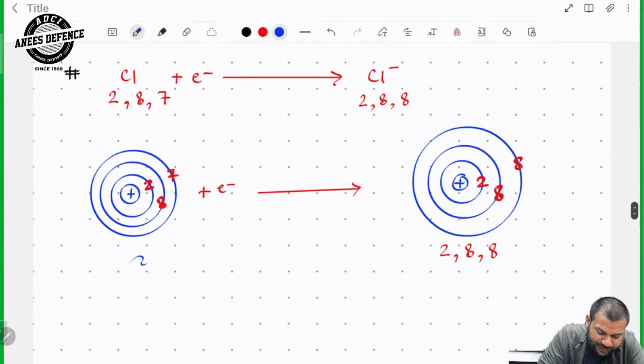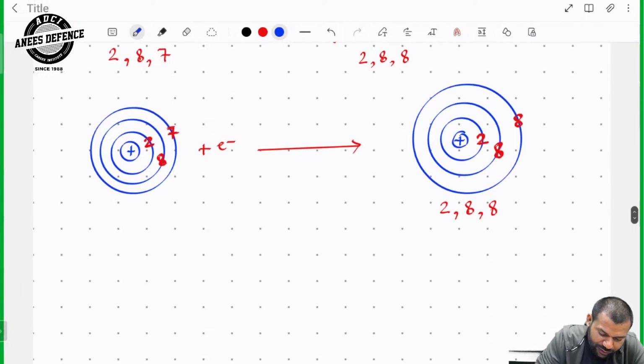But in this case, the nucleus of chlorine is holding 7 electrons, while in the latter case, the nucleus of chlorine is holding 8 electrons. So it will be somewhat difficult for the nucleus of chlorine to hold on to 8 electrons, and hence there will be some increment in the size of the chloride ion. So this is the chlorine atom, and this is the chloride ion, Cl minus.